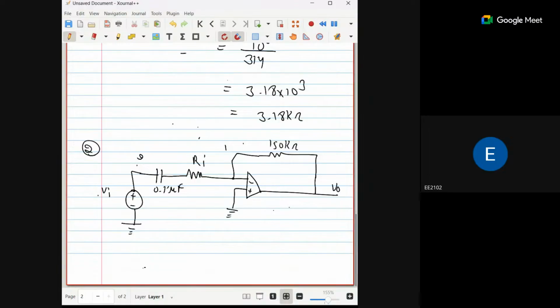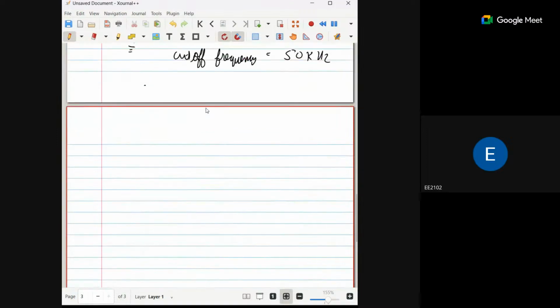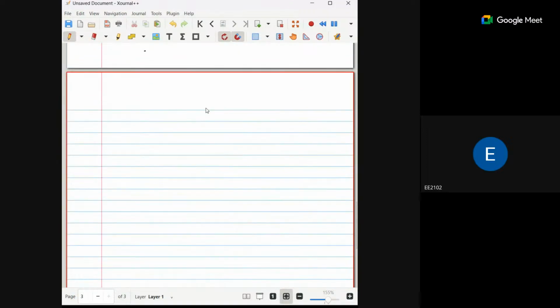Cutoff frequency is given in kilohertz. And the ratio of V out by V input is given as -50. So we have to find the value of R1.